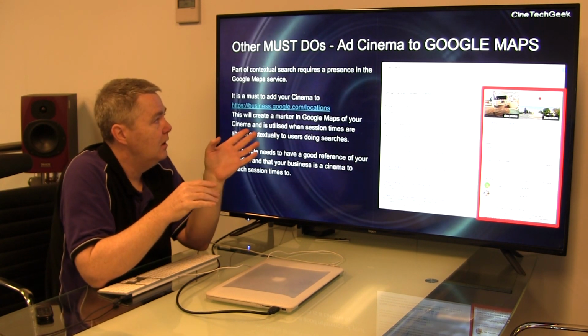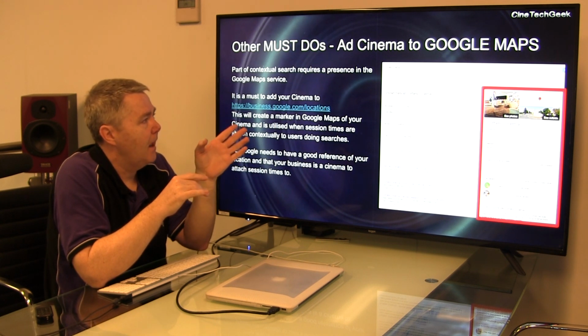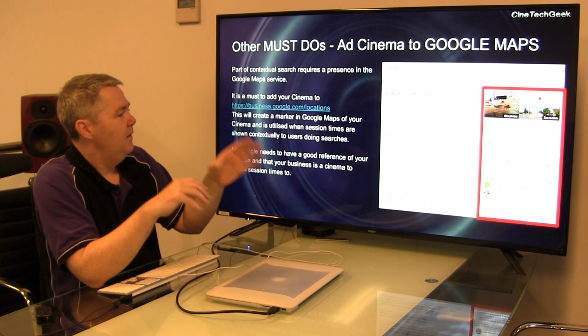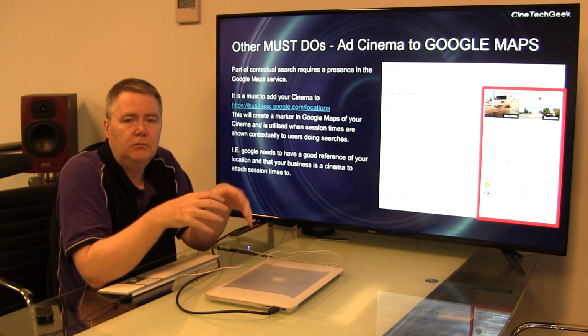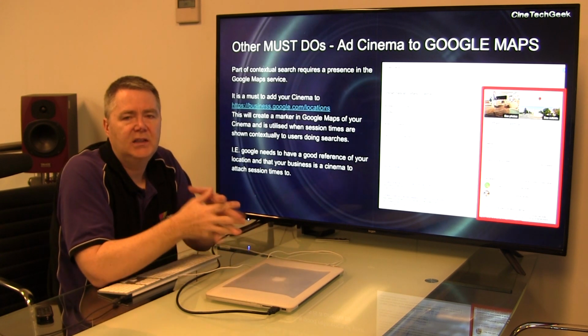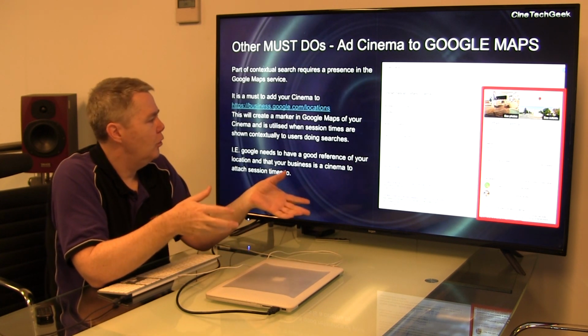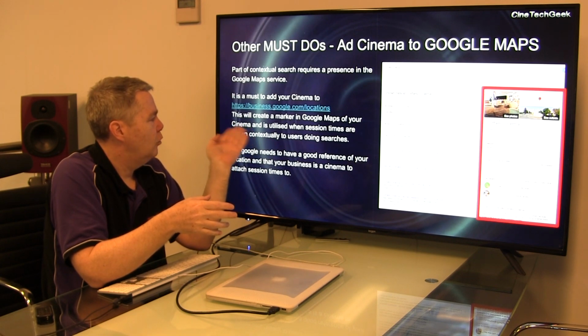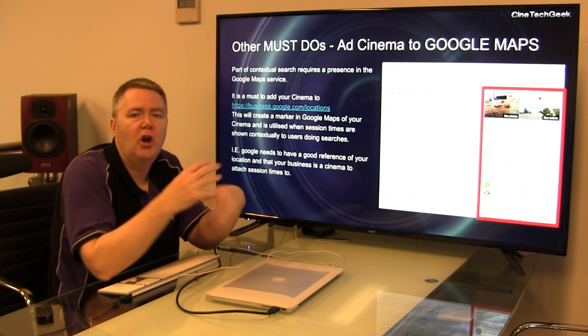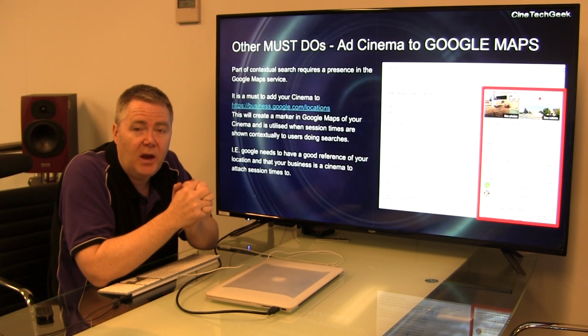Other must-dos: add your cinema to Google Maps, because obviously if Google's going to do contextual results on geolocation, it needs to know where you are on the map and have information about your website. And if you know about Google, you know that there's a page called business.google.com/locations, and in there you can register your locations, the type of business, the opening hours, etc. And Google needs all that data that goes into its knowledge graph, so it knows how to display that information contextually to you.